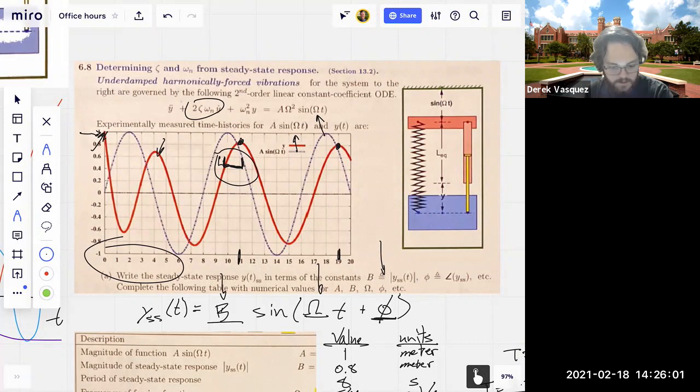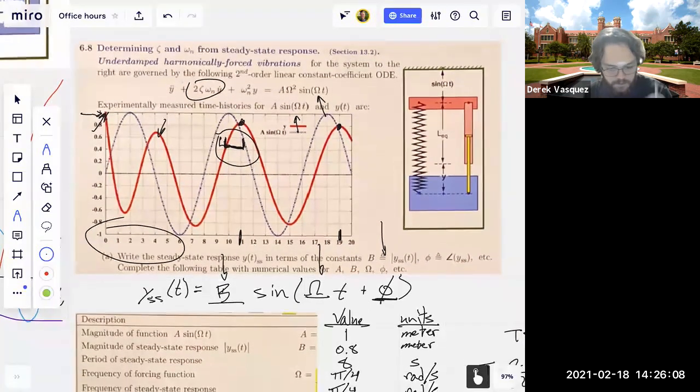So that's our system 2 zeta omega n. Then let's see.